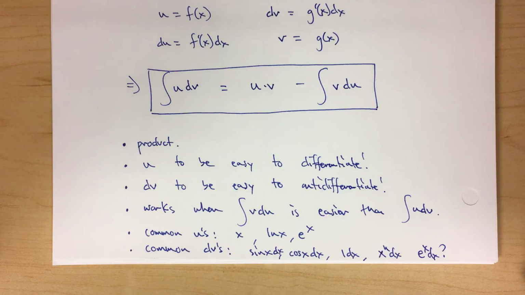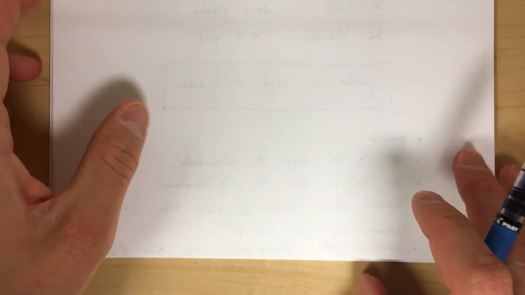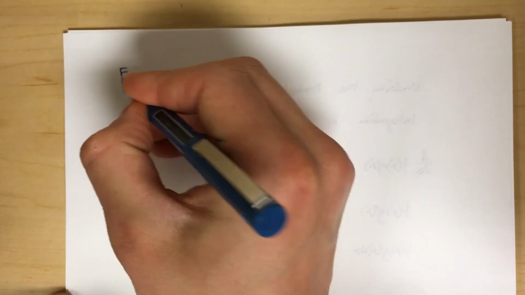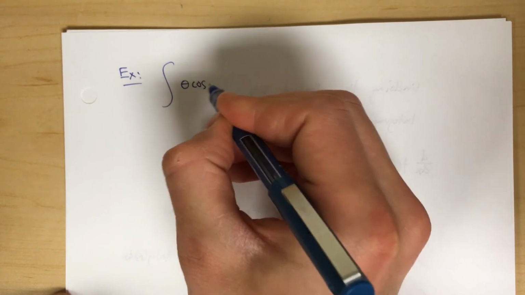So really, we just need to try some things and see, but this comes up when substitution is not going to work and we have a product. So let's take, for example, the antiderivative of theta cosine theta d theta.